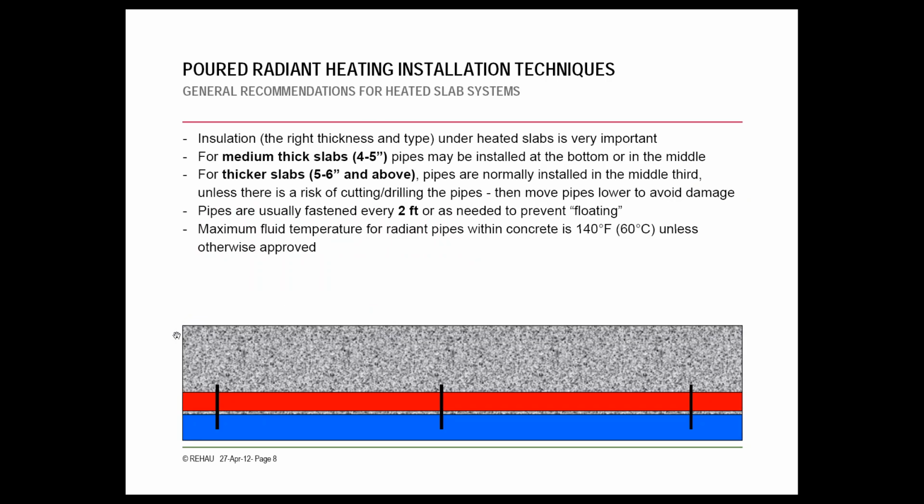So here's your typical breakdown. If you're looking at this bottom portion here, the 4 to 6 inch concrete is on the top. The tube is being secured to the blue that they're showing here, which is representing insulation. Whenever you can, putting insulation beneath the slab is highly recommended to drive heat upwards.